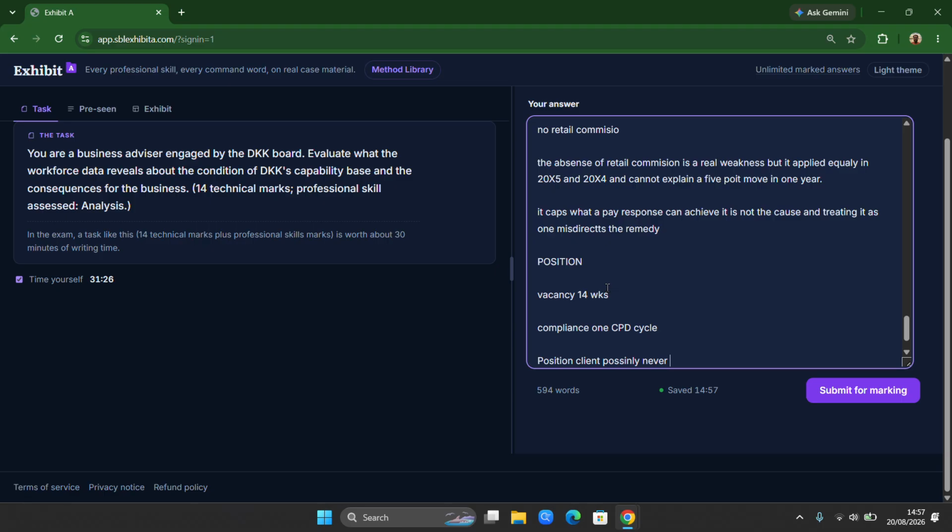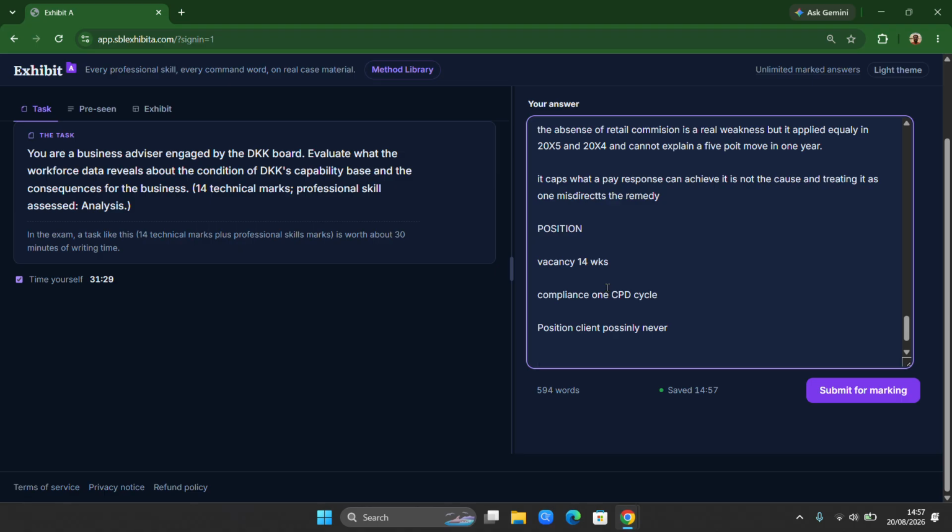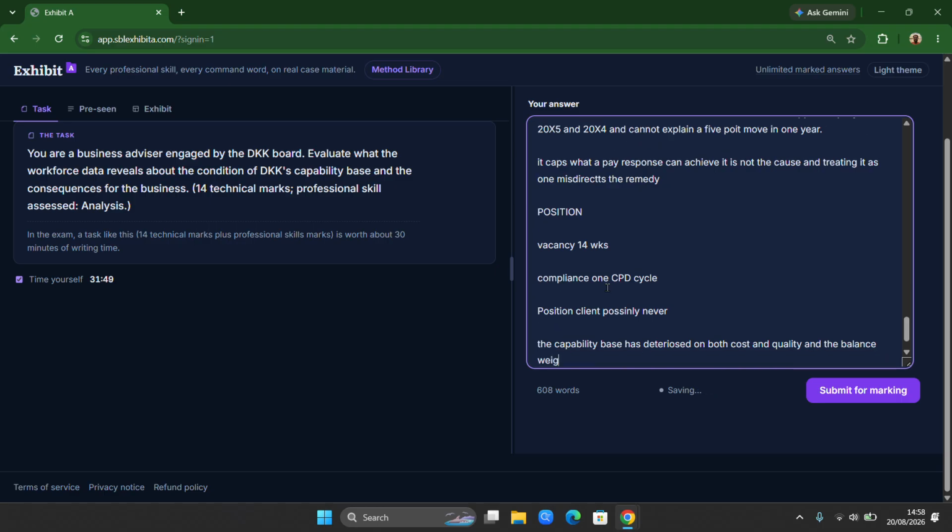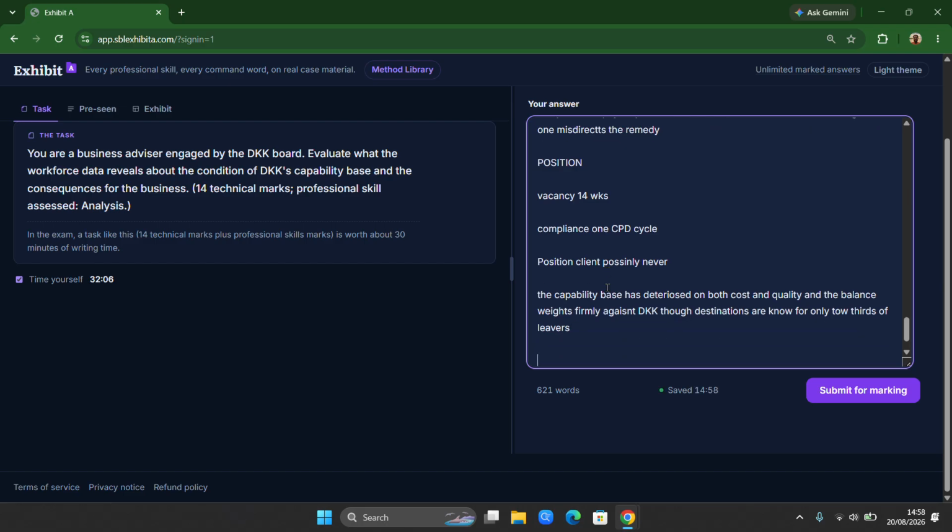And the last move is the one that will turn a list into a consequence. So what I'm going to do to finish my answer is say the capability base has deteriorated on both cost and quality, and the balance weighs firmly against TKK, though destinations are known for only two-thirds of leavers.